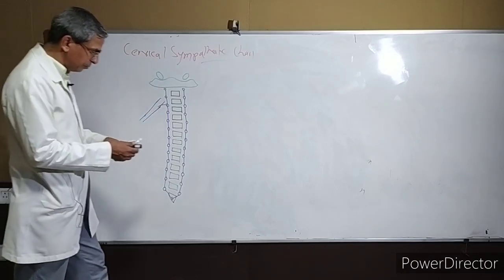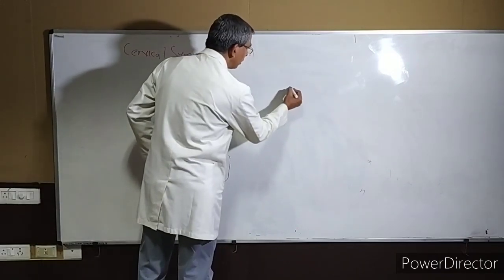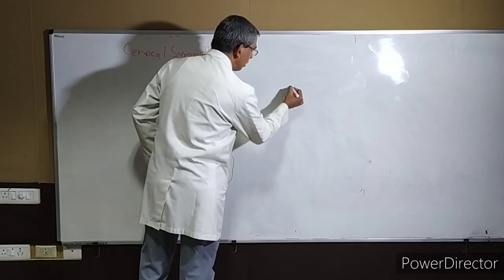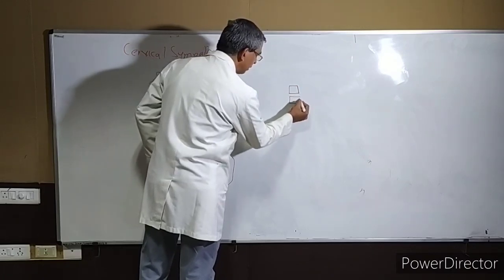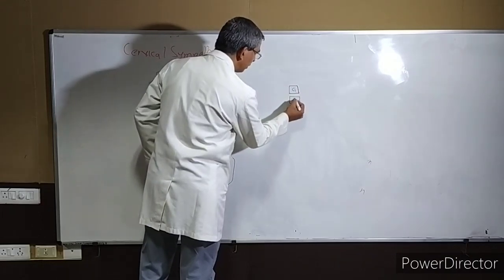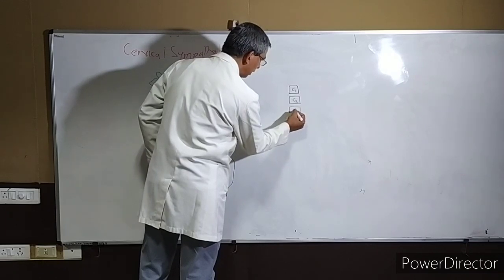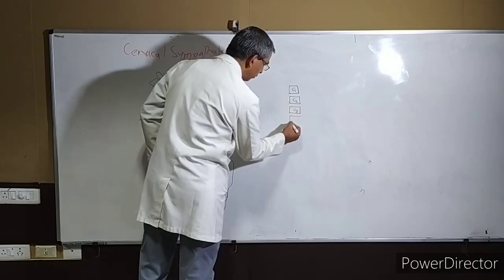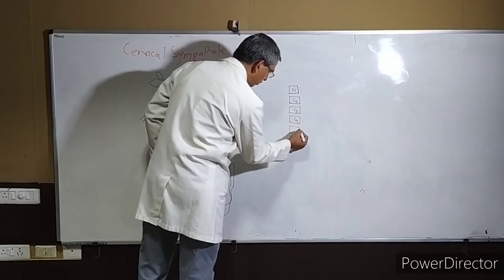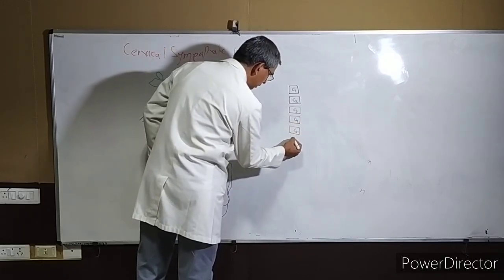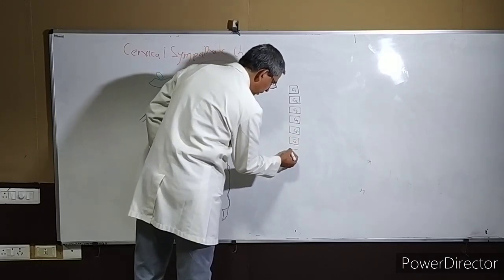How are they formed? Look here. Suppose this is the first cervical vertebra, this is the second. This is C1, C2, C3, C4, C5, C6, and C7.